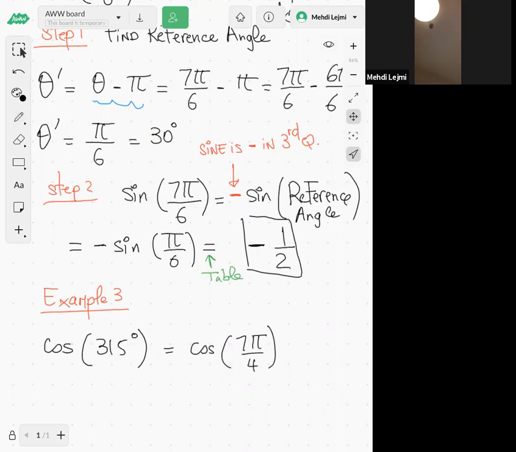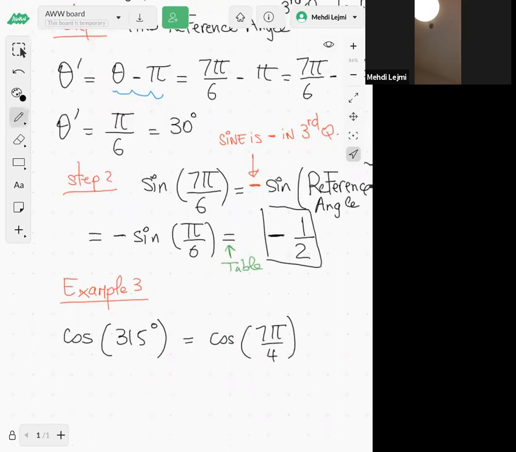So you want to find cosine of 315 degrees or 7 pi over 4, right?